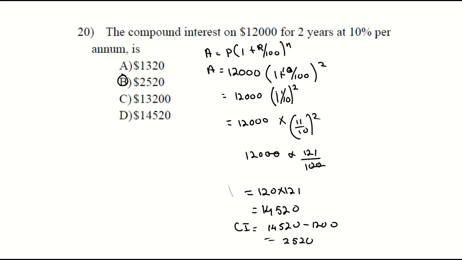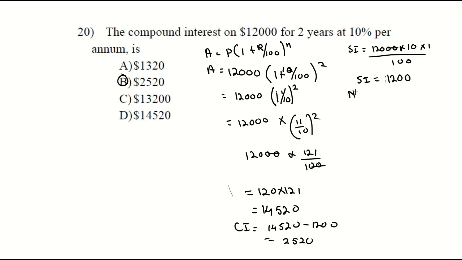If you could remember the formula, you could do it like this, or you can find the simple interest for 1 year. So it would be principal 12,000 multiplied by 10 multiplied by 1 all over 100. Cross that out, and your simple interest after the first year is going to be 1200.